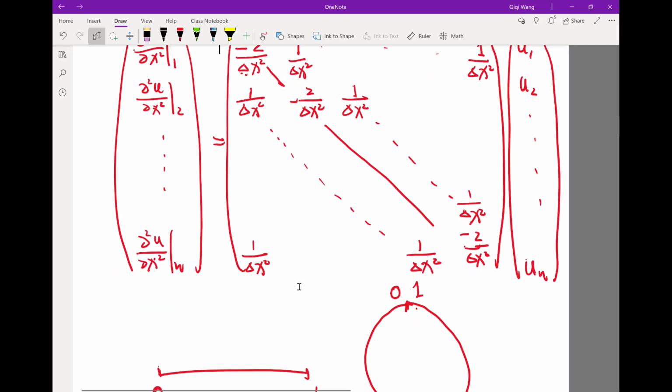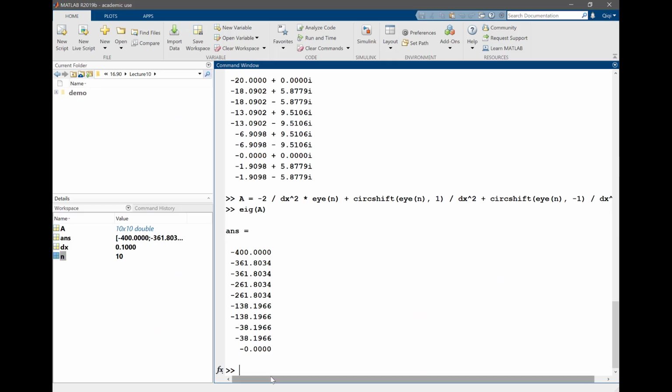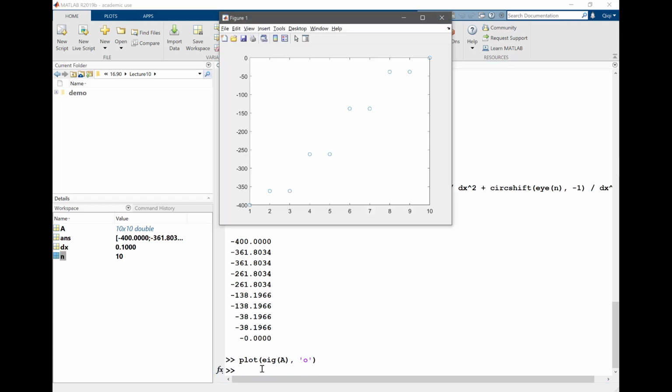Okay. So all the eigenvalues are real, and if I plot it, it doesn't make that much sense to plot it in a complex plane because they are all real. So I'm just going to plot all of them as a function of the eigenvalue count.